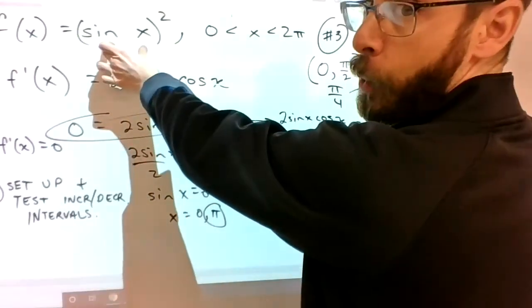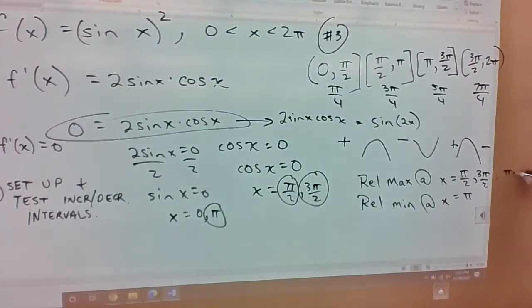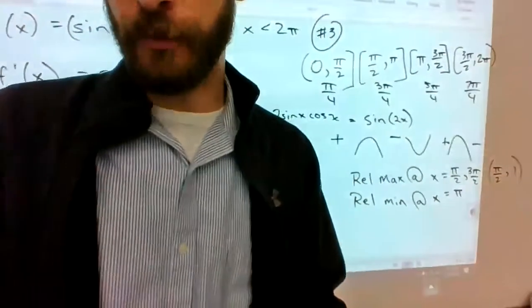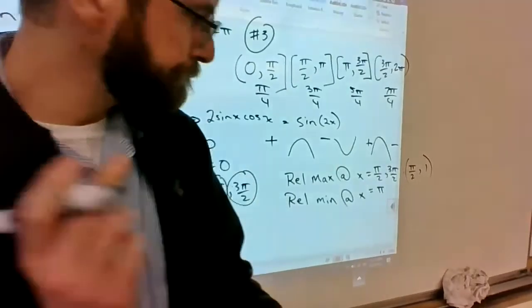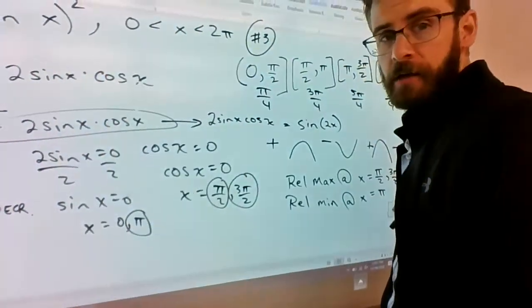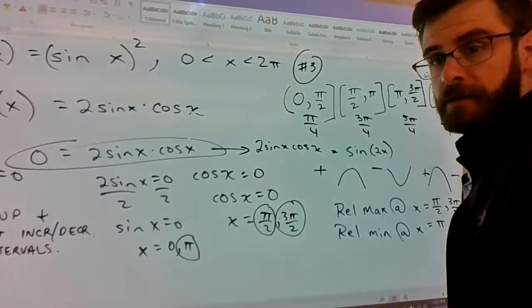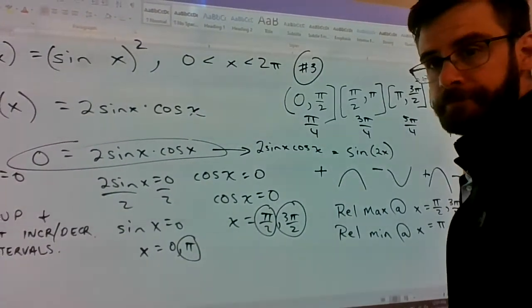sine of pi over 2 is 1. 1 squared is 1. So there's the first relative max value. 3 pi over 2 gives you the exact same thing. When you plug in sine of 3 pi over 2, that gives you negative 1. Square negative 1, you get 1.